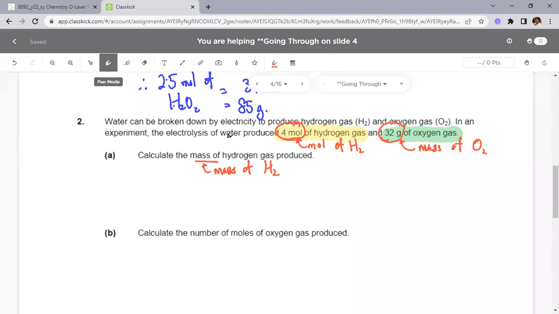You realize I've got mole, and what they want is the mass. The mole of H2 is what's given to you, and you need to convert it to the mass of H2. So how do we convert mole into mass?